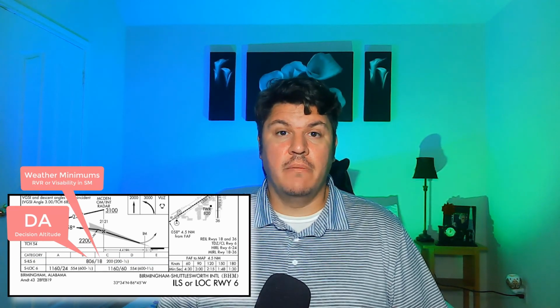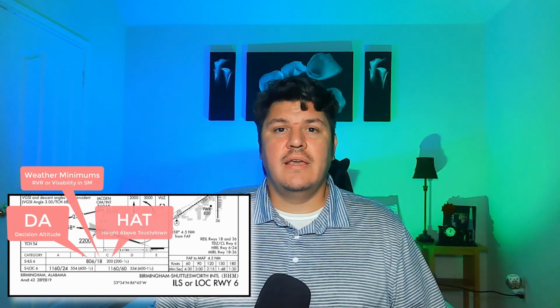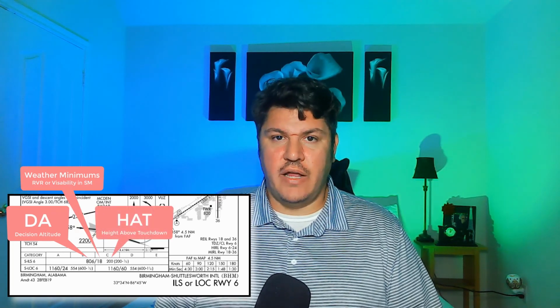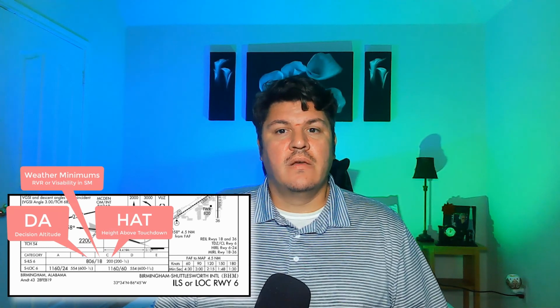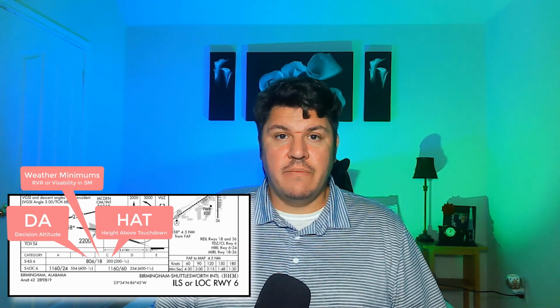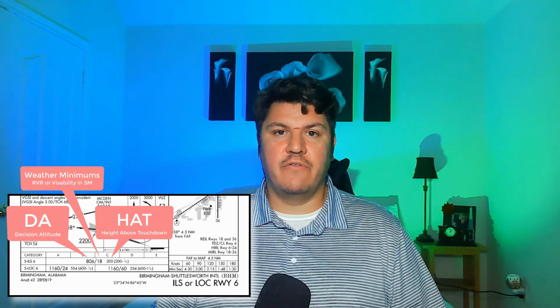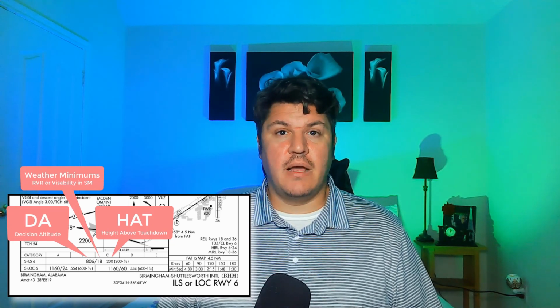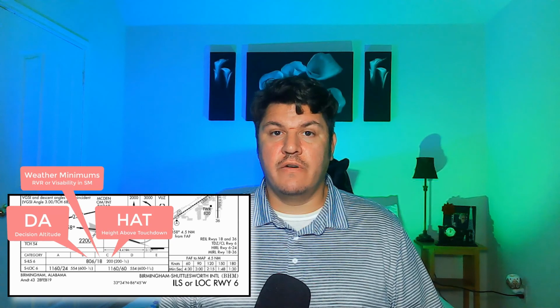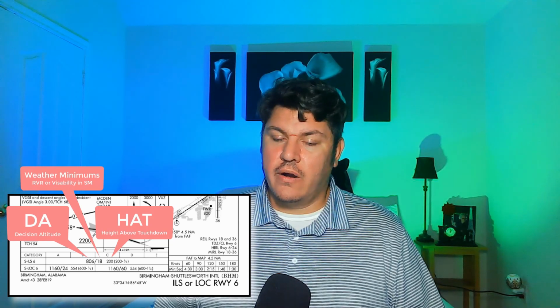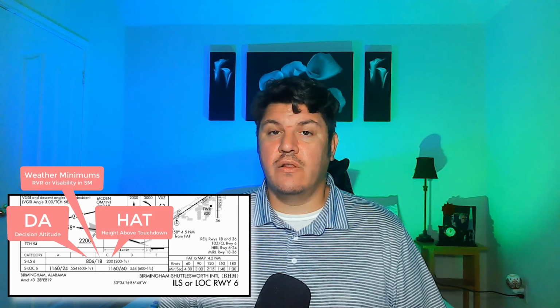The next number, the 200, is the height above touchdown elevation. So at 806 feet, we're going to be 200 feet above touchdown. 200 is pretty standard for ILSs. Most ILSs that I'm familiar with take you down to 200 feet for a standard category. There are category 2s and category 3s that take you to lower altitudes.